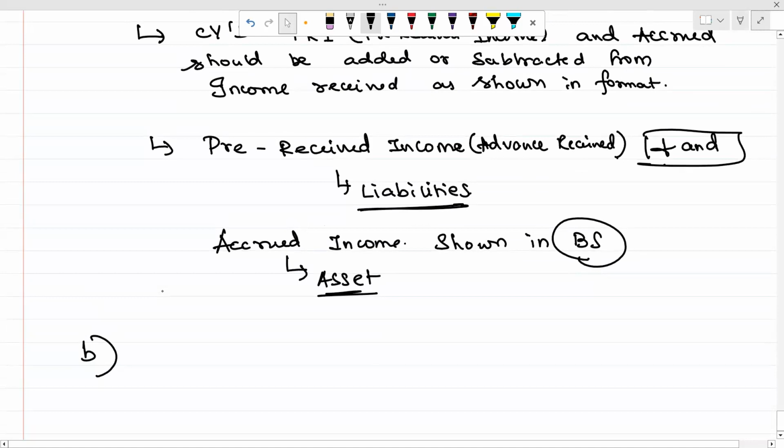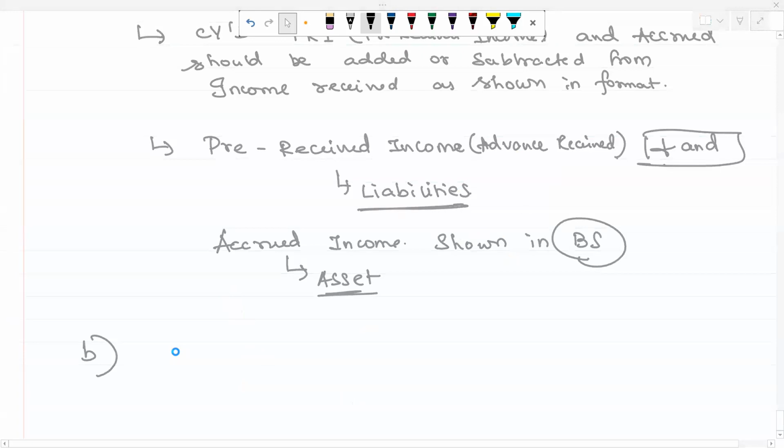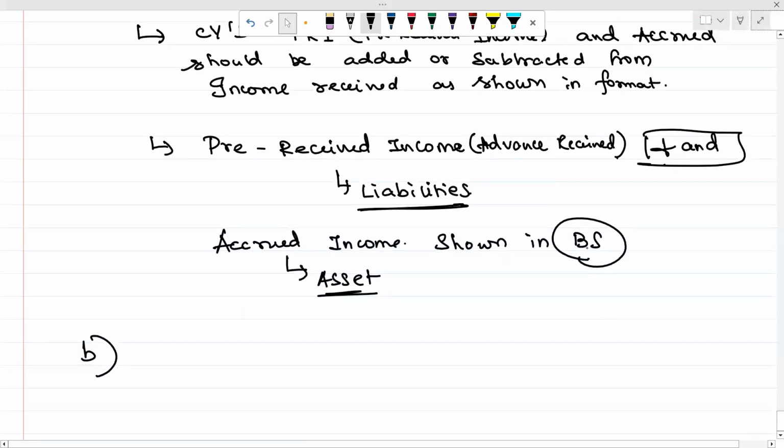Write down current year's pre-received income, current year's pre-received income, and accrued income.